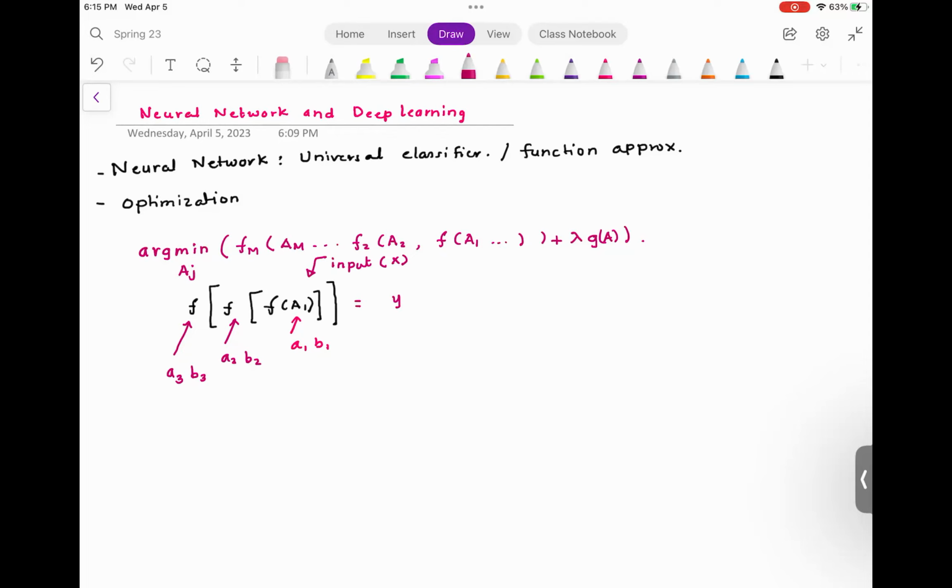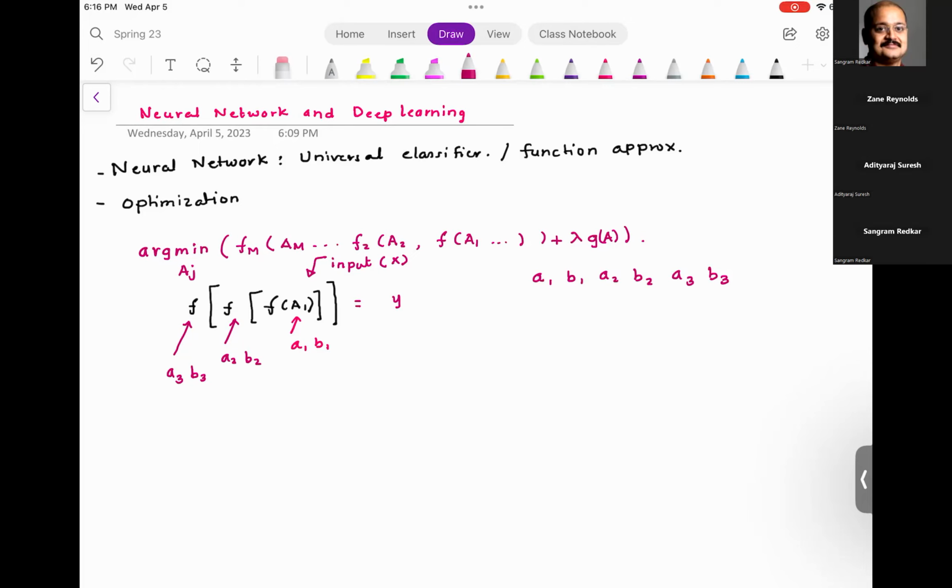For example, you provide a certain input and you find these coefficients a1, b1. So now we are going to find a1, b1, a2, b2, a3, b3. And we are going to find these values recursively. Now, this is very important, what that means, recursively.